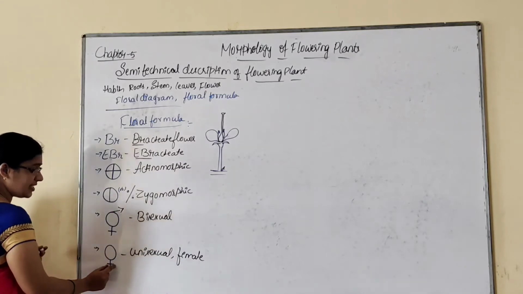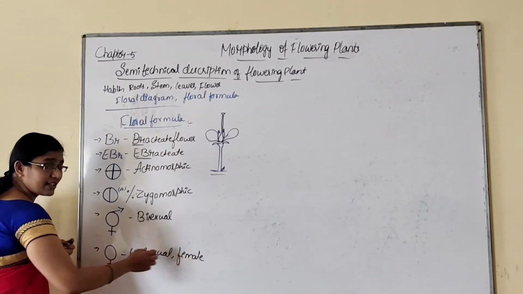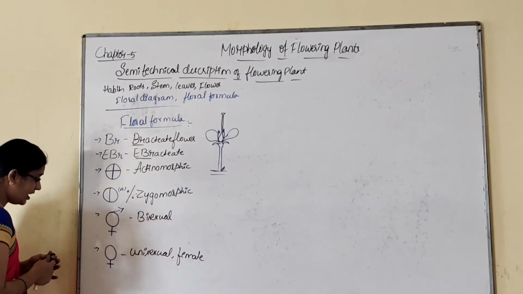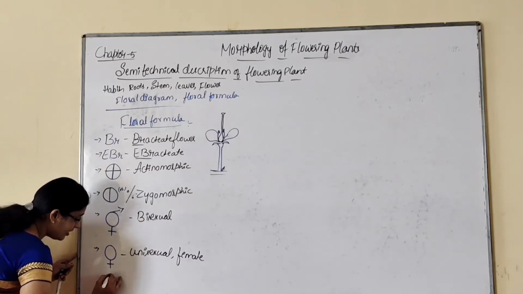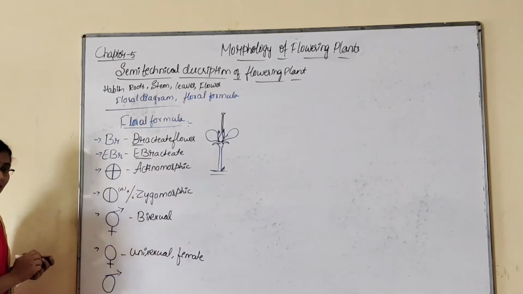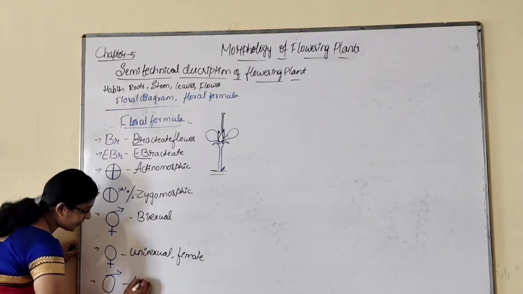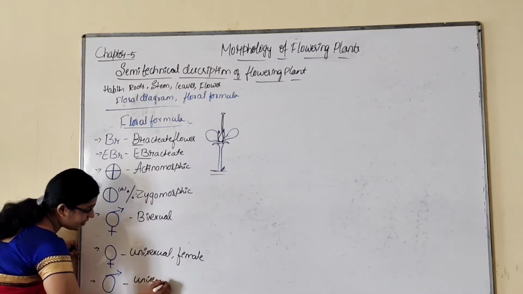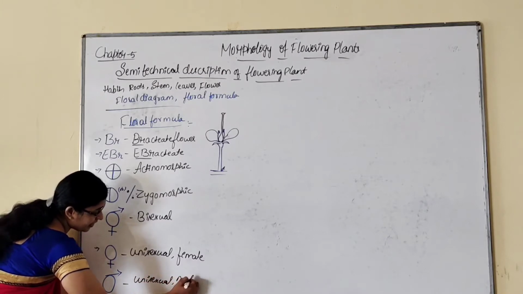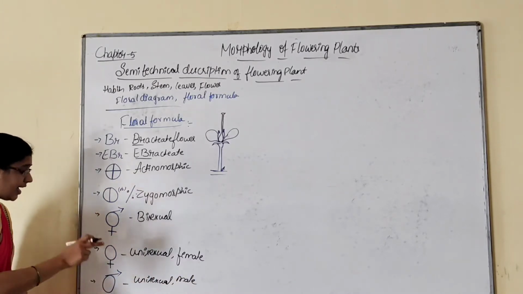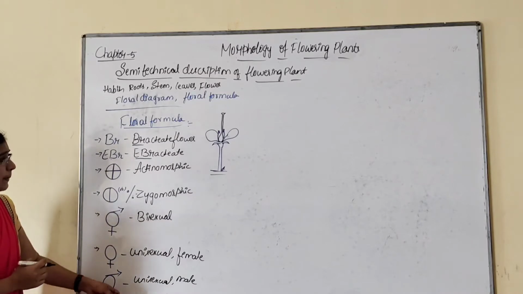So this plus indicates the female flower. If you are writing a circle and just an arrow mark, this symbol indicates a unisexual male flower. So if you are writing just an arrow mark here, that indicates the male flower.